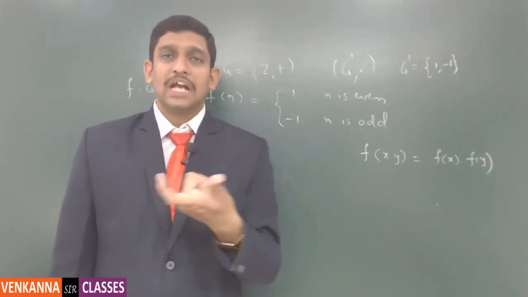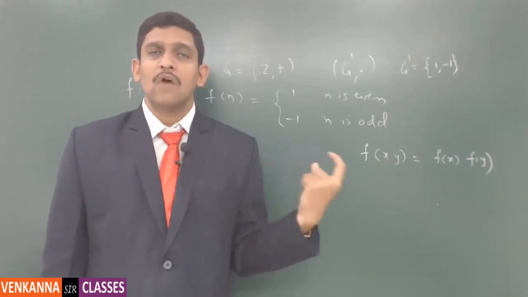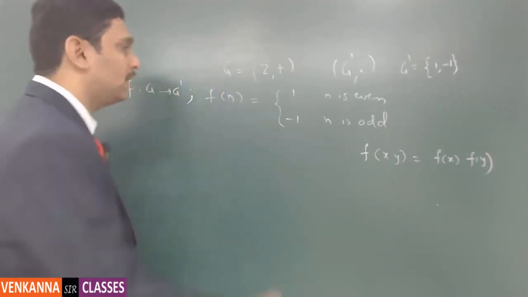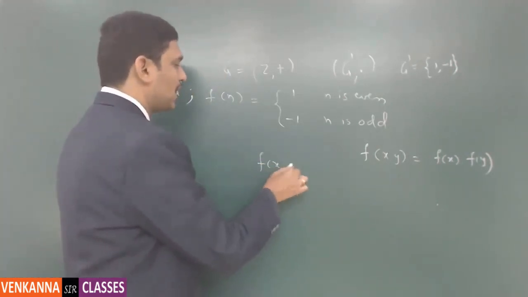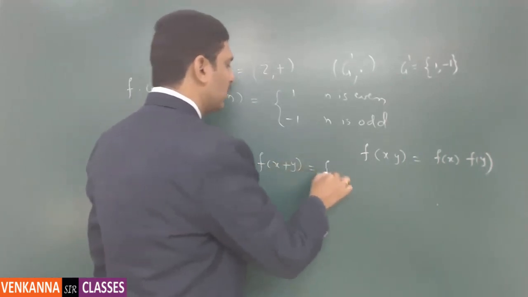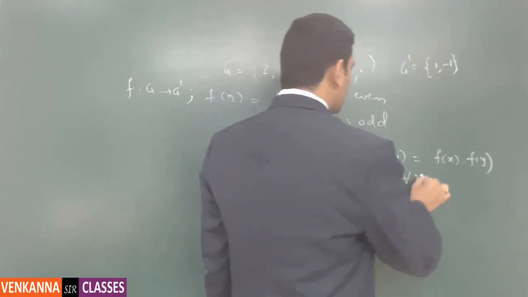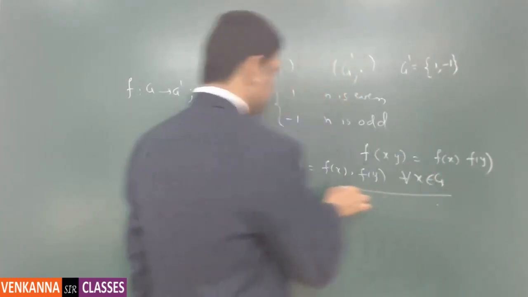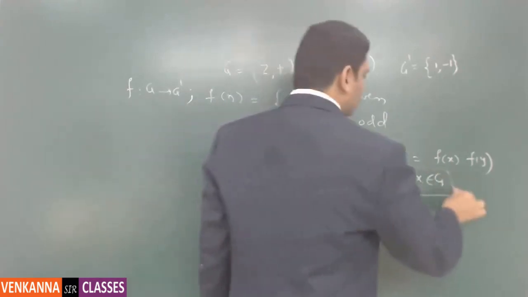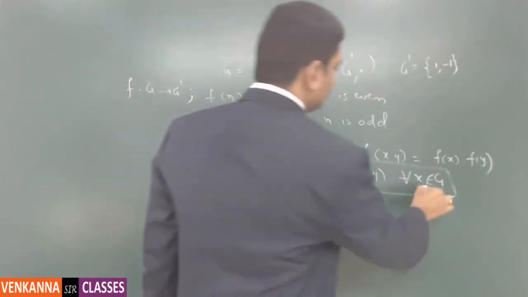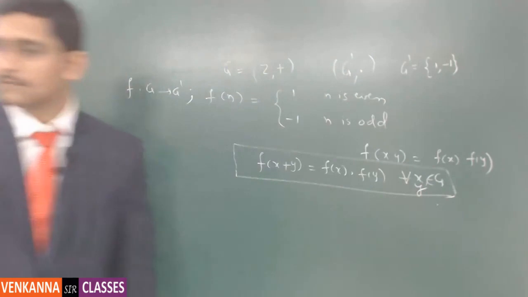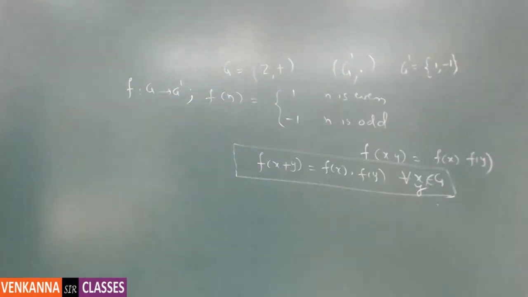So the actual homomorphism condition for this problem is f(x + y) = f(x) · f(y) for all x, y belonging to G. So whenever you take two elements in the group, we have to verify this condition here.